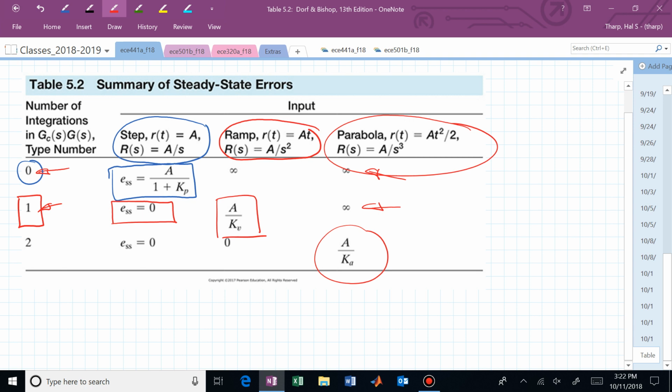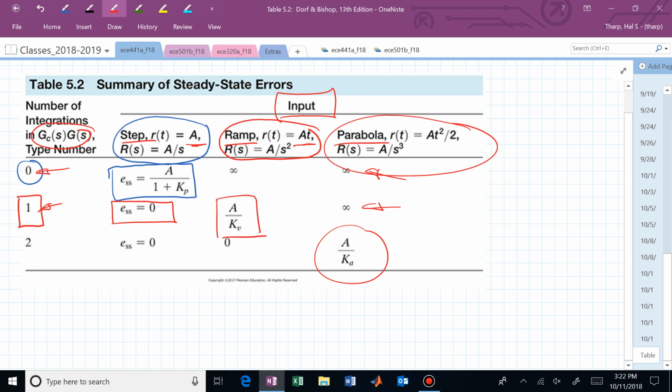That's how you can interpret this table, but I would suggest that you work through the analysis at this point until you become very comfortable with associating the system type, which depends on this forward transfer function in our block diagram, with how many pure integrators are present, and what the corresponding error is due to the appropriate input type, whether it's a step, a ramp, or a parabola.